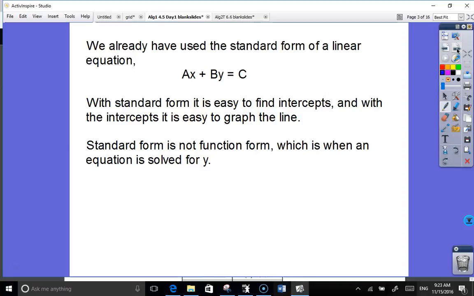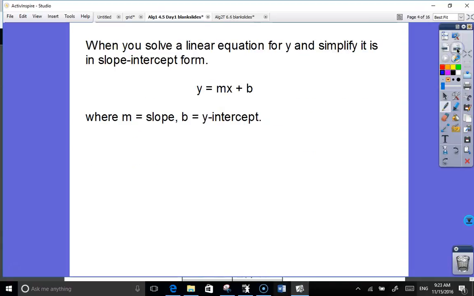If we want to put it in the calculator, we've got to solve for y. That's one of the reasons why we've practiced that a little bit extra, more than just what the book called for. So when you solve a linear equation for y and simplify it, you shouldn't have any parentheses or like terms left. That is called slope-intercept form.